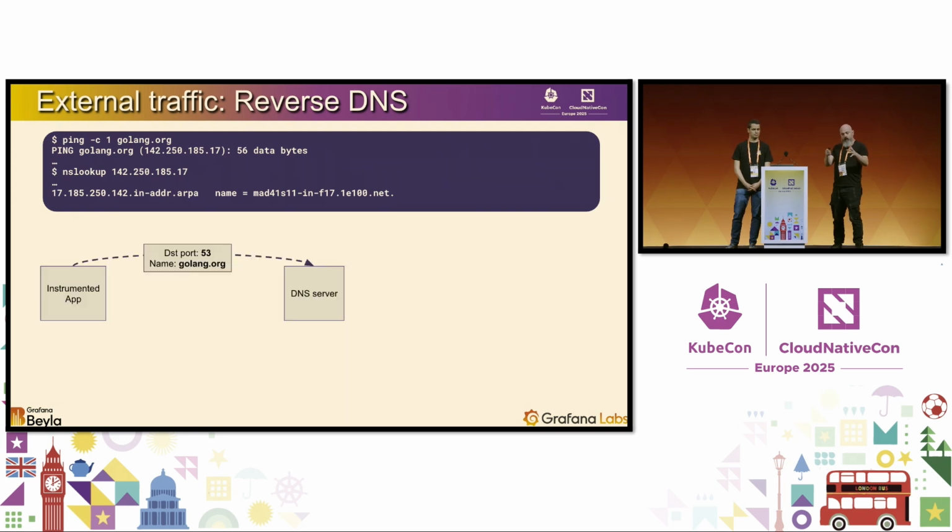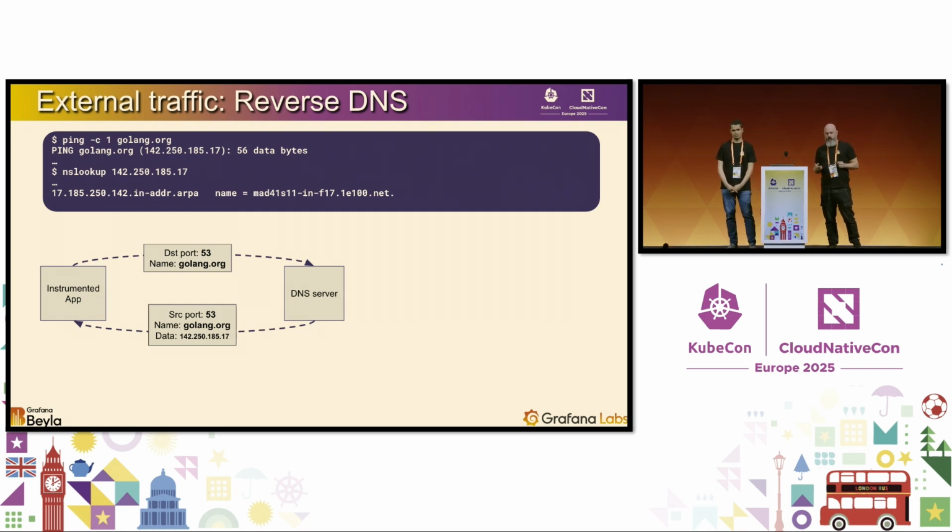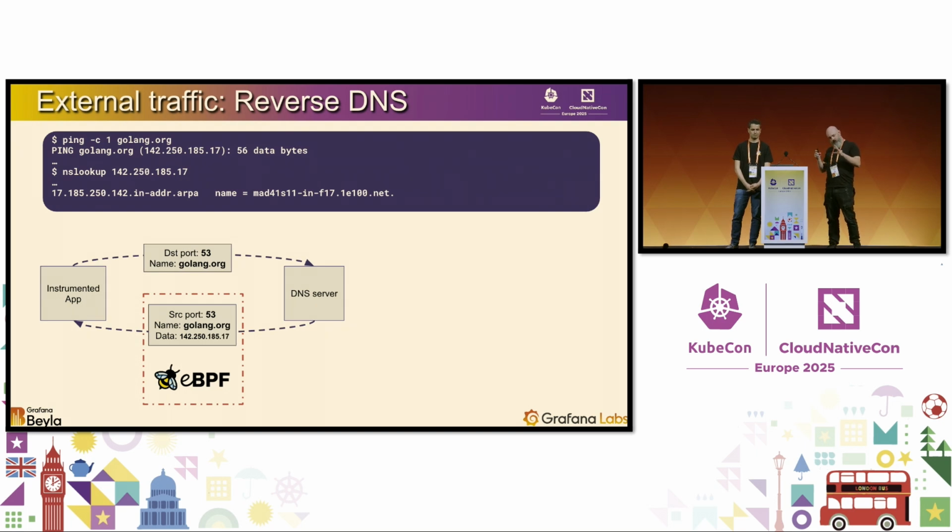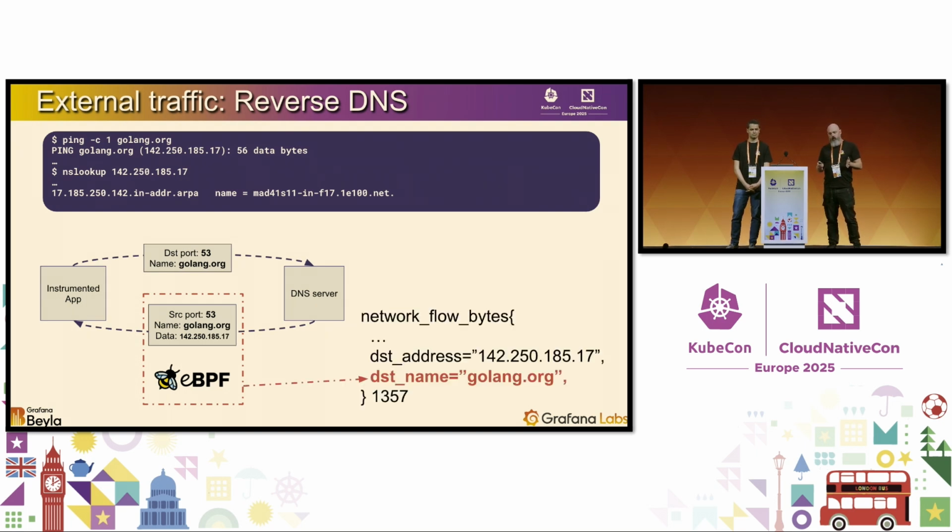In the context of Beyla, let's imagine that we have an instrumented application doing an HTTP request, whatever, to golang.org, and this goes to the DNS server. This is going to return some information like the host name, and thanks to Beyla and eBPF, we tap into this call and enrich our network flow bytes with the destination name. Instead of an IP, we're going to say the DNS host name here.